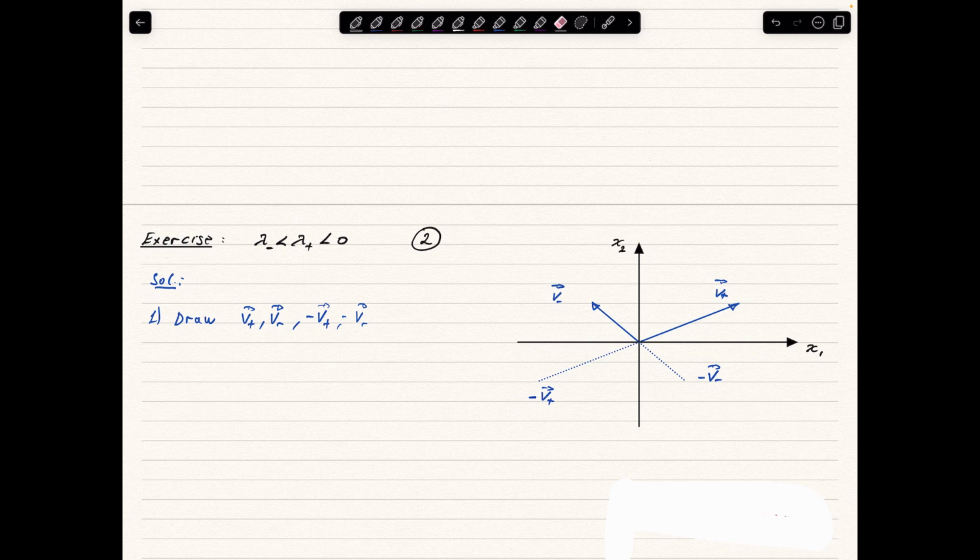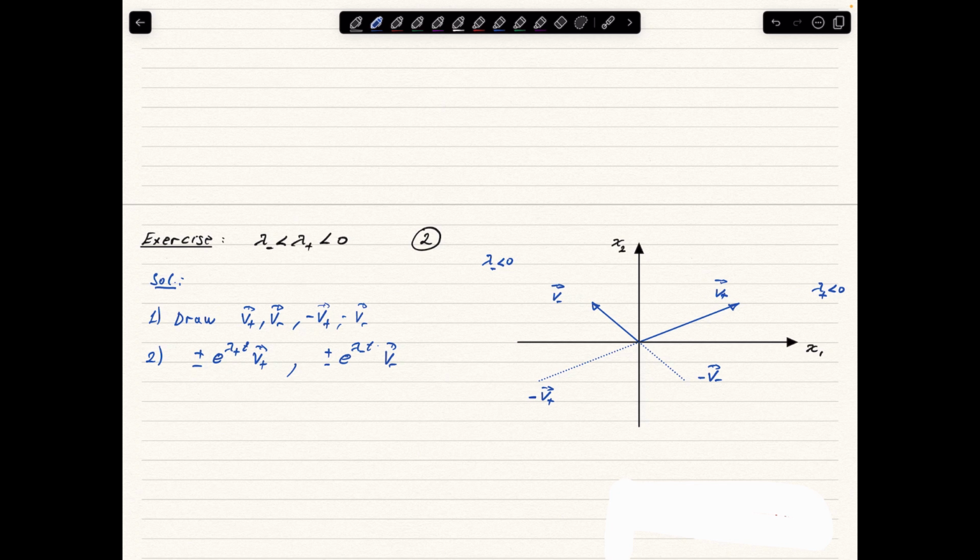Now notice both eigenvalues are negative. So this is the direction of the eigenvector for lambda plus, which is negative, but less negative than lambda minus. This one is more negative. Now we draw the fundamental solutions: exponential lambda plus t v plus or minus, and then exponential lambda minus t v minus, again plus or minus.